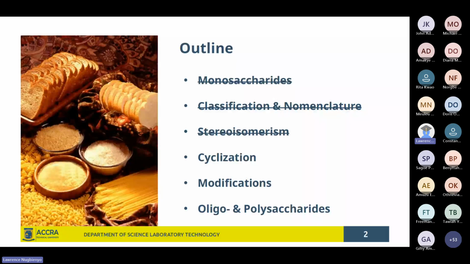Cyclization should be the only thing we deal with, and I leave you to assimilate that well before we continue to look at other things like modifications, and then bringing these monosaccharides together to form oligosaccharides and polysaccharides. So the plan for today is to deal with just cyclization, and that will be it. We'll leave it there.